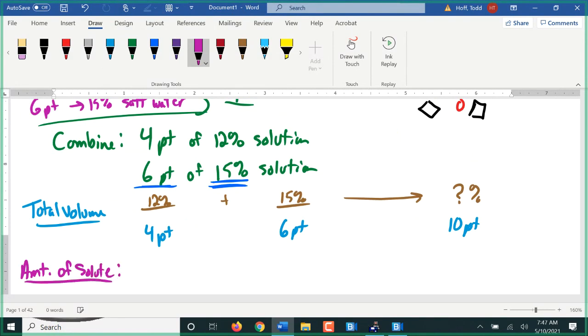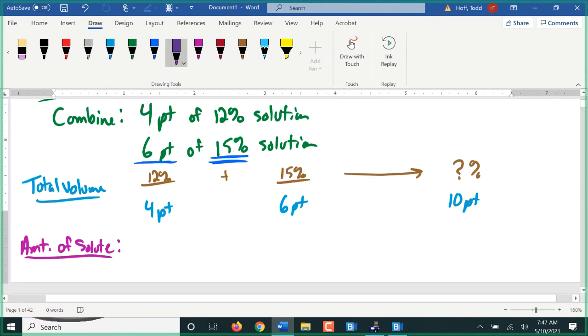Now the amount of solute also. It's the amount of solute that gives us the equation that we can solve here. We have the concentration times the volume, remember, gives us the amount of solute. So in the 12% solution, the concentration is 0.12 times the amount of solution, which is 4 pints. 0.12 times 4.